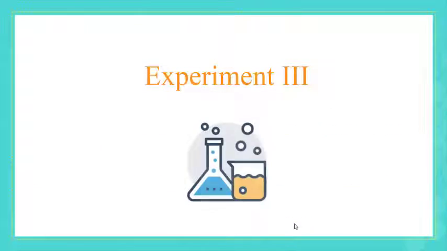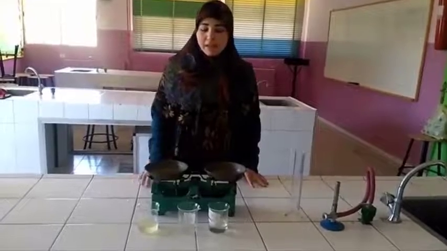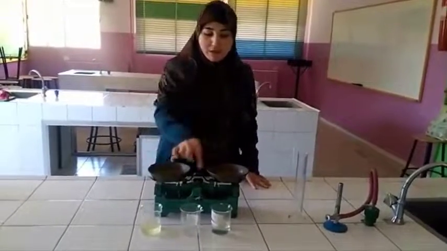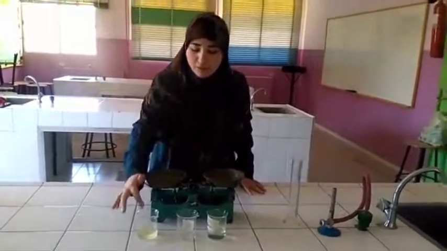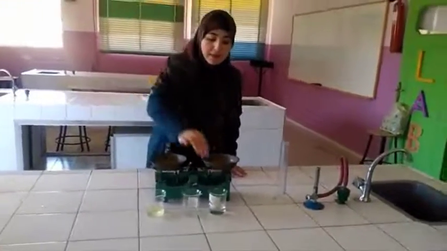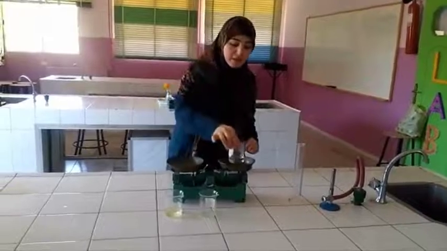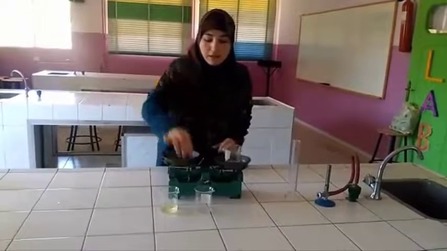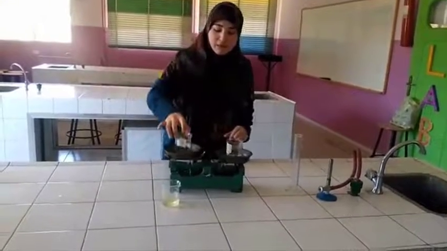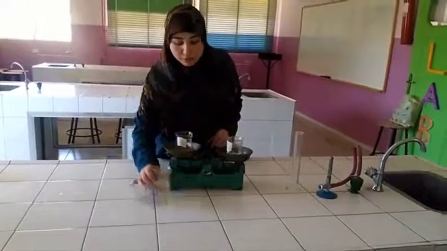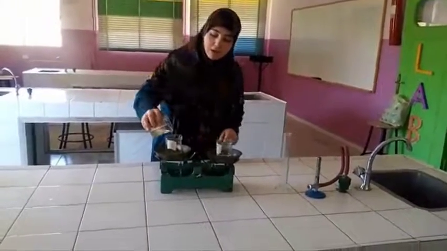Now it's the time to perform the last experiment. The materials of this experiment are beaker 4, which contains 50 milliliter water, beaker 5, which is empty, and a beaker which contains an amount of oil. First, place beaker 4, which contains 50 ml of water, on the first arm of the balance. Then place the empty beaker on the second arm.